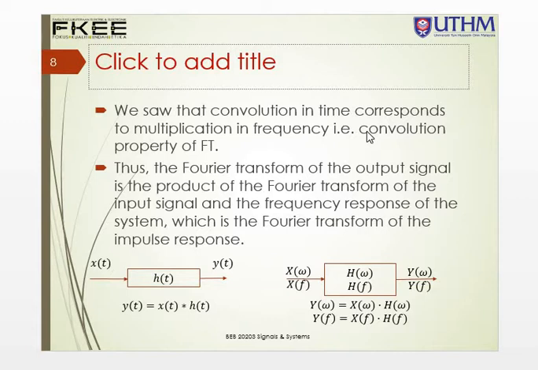So what is convolution? Convolution is multiplication in frequency. For a non-periodic system, the Fourier transform of the output signal is the product of the Fourier transform of the input signal and the frequency response. So Y(omega) is the Fourier transform of the output signal, X(omega) is the Fourier transform of the input signal, and H(omega) is the frequency response of the system.